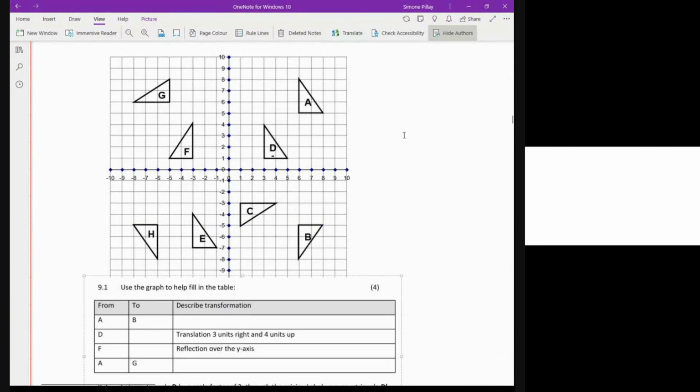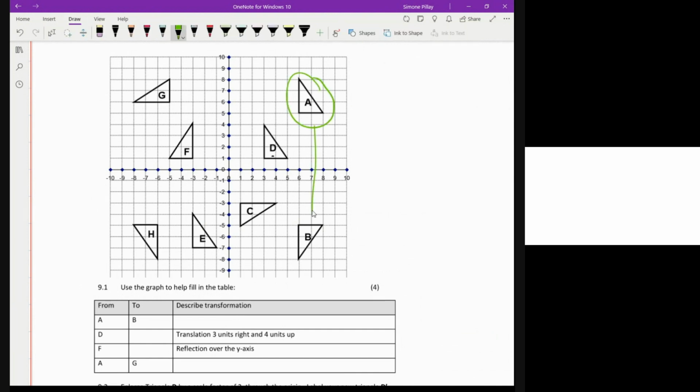So they are saying 9.1, use the graph to help fill in the table from A to B. We're going from triangle A to triangle B. What is the transformation? Now, there's multiple different transformations. We can have a translation, that's when you just move your shape.